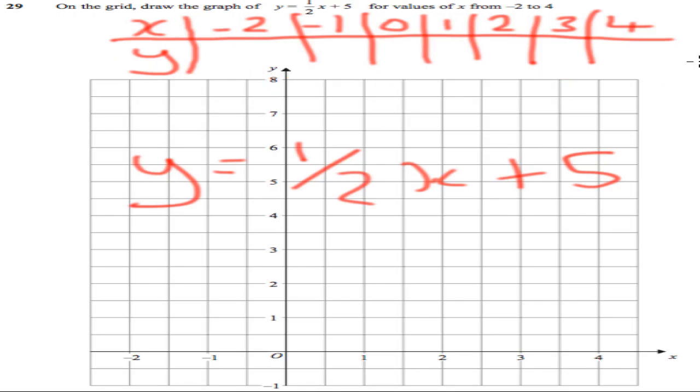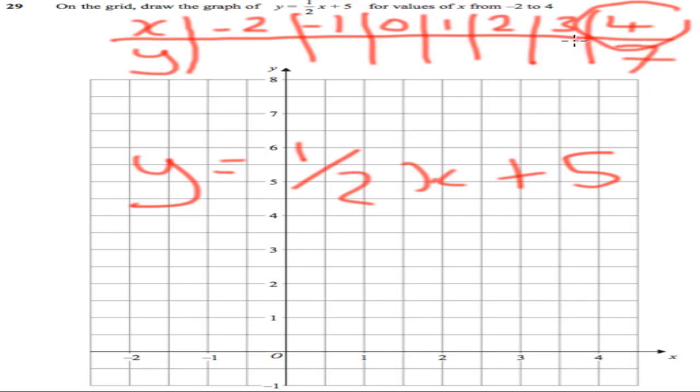So let's start with the topmost number, which is 4. So y is half of 4 plus 5. Y is a half of 4, which is 2, plus 5, which is 7.